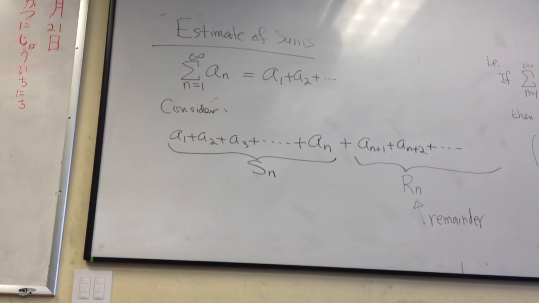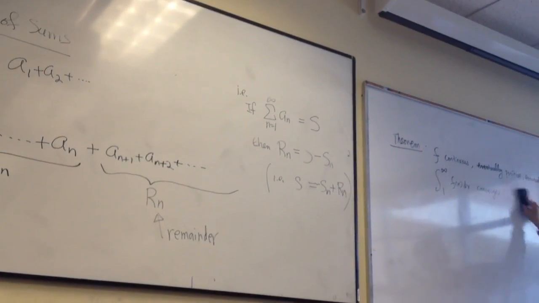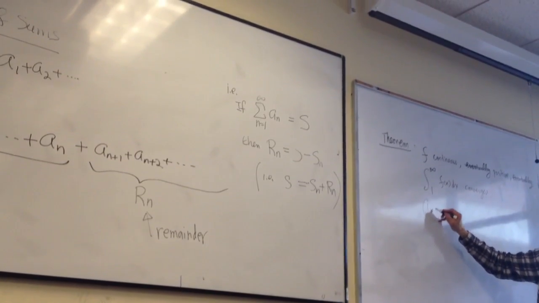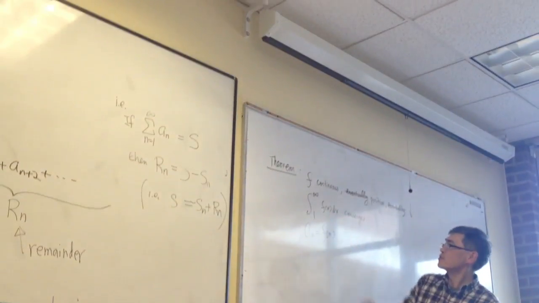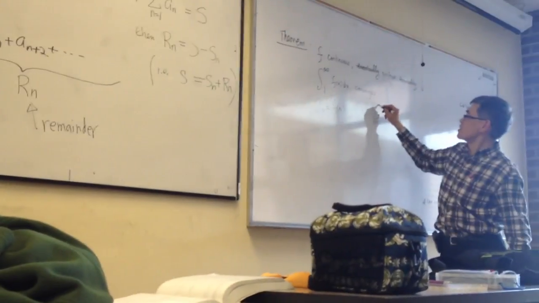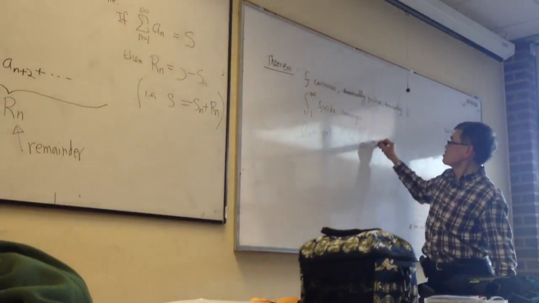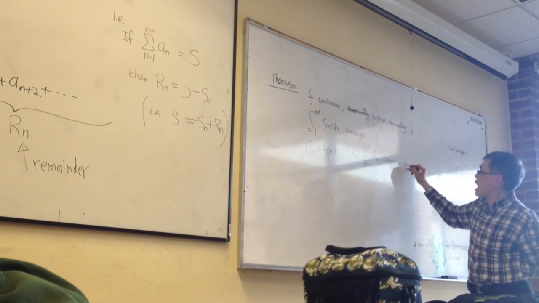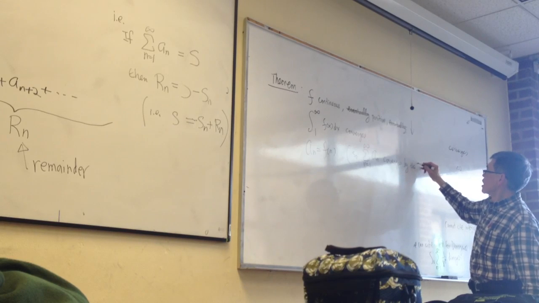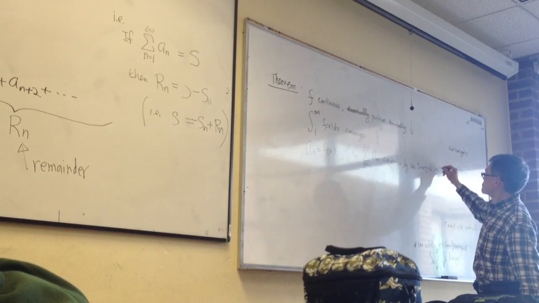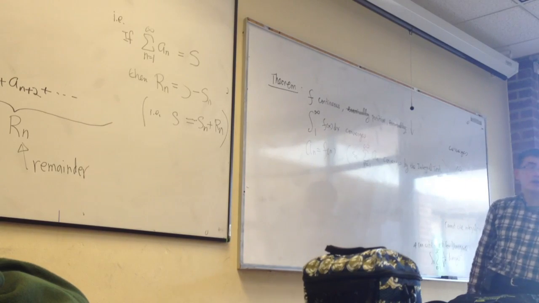Okay? So summation f, and then the third thing is still a condition that an is equal to f of n. So summation 1 to infinity an converges by the integral test. Okay, so this is a setting.